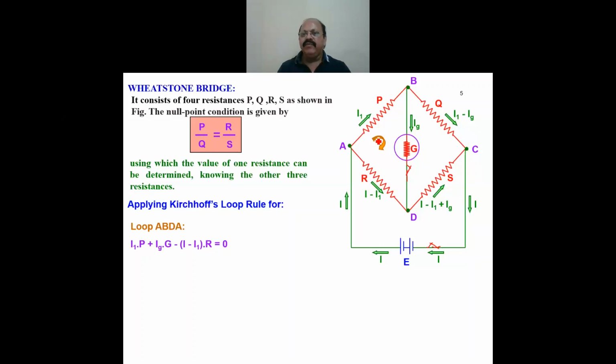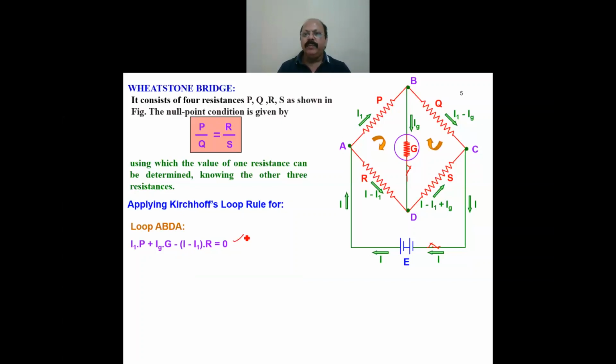So apply the same formula, sigma E equal to sigma IR. In place of sigma E, it is 0. When the loop's direction and the current direction are the same, the product of current and resistance is taken as positive. That's why I1P is positive, I1G is positive, but (I minus I1) into R is negative. So I1P plus I1G minus (I minus I1)R equal to 0.